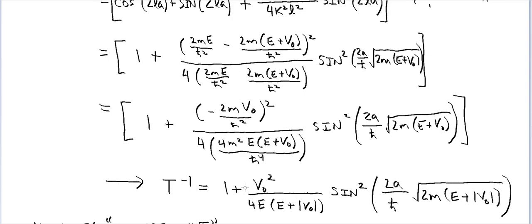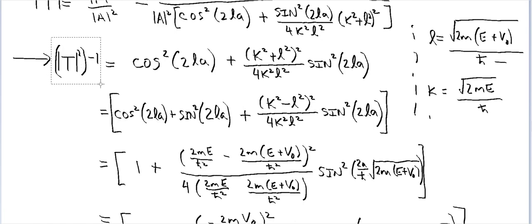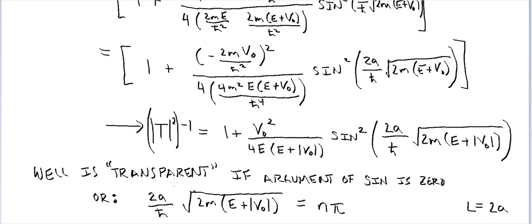And what I'm left with is the inverse of T² is now 1 plus V₀² over 4E(E + V₀) times sin² of 2a over ħ times the square root of 2m(E + V₀).